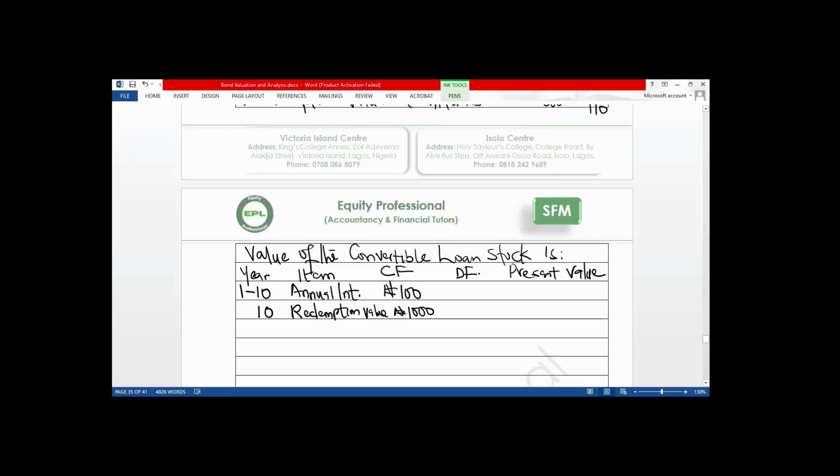Our discount rate is 12%. Now, please compute annuity factor year 1 to 10 at the rate of 12%.